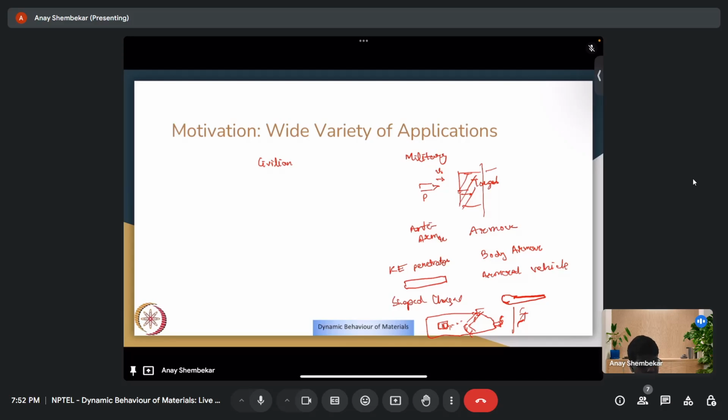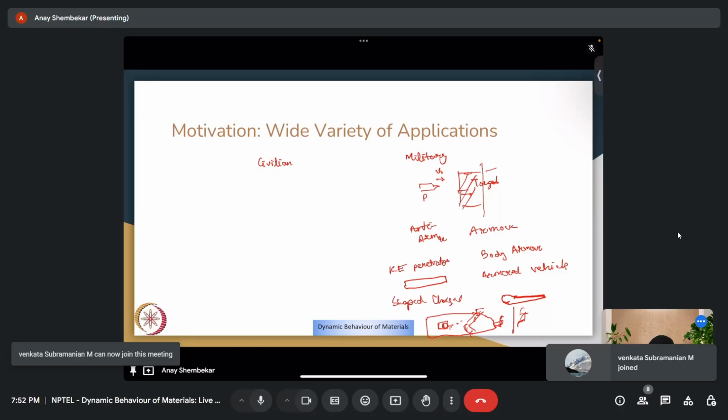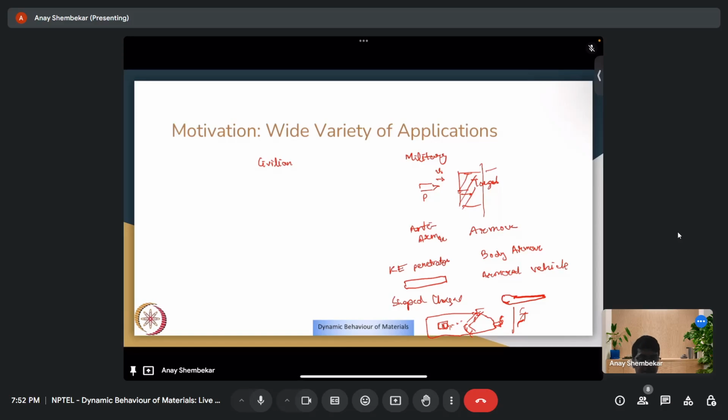On the civilian side, if you recall a bit of manufacturing, supposing some of you have studied a manufacturing subject in your undergrad, you can remember that for two metals to be welded, their melting points need to be close by.